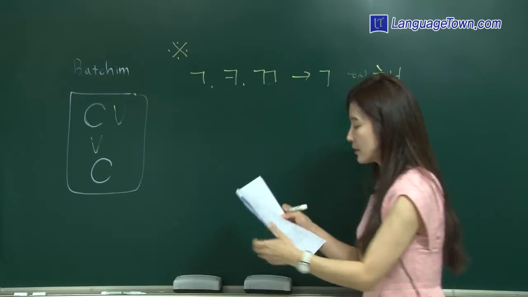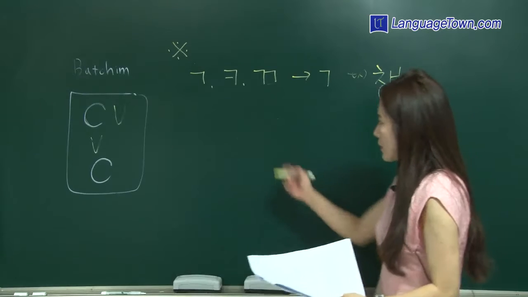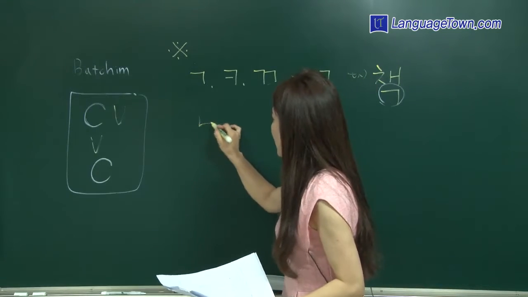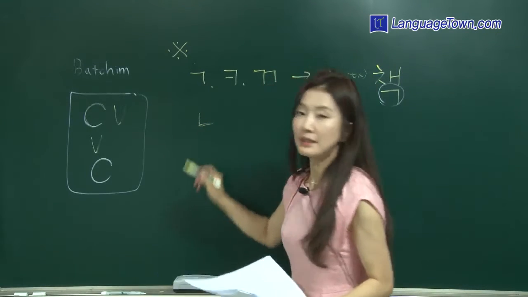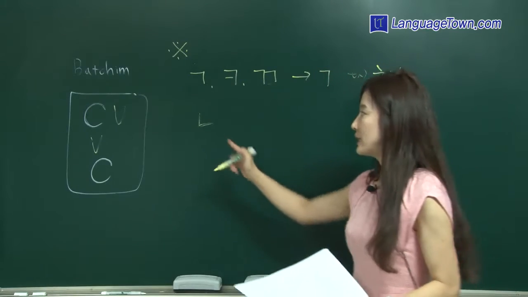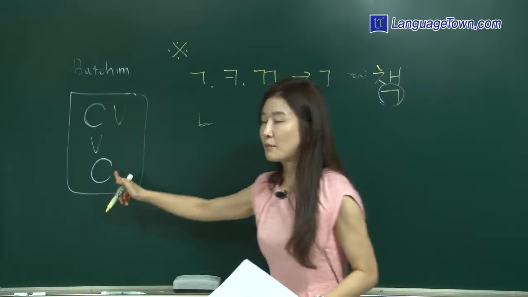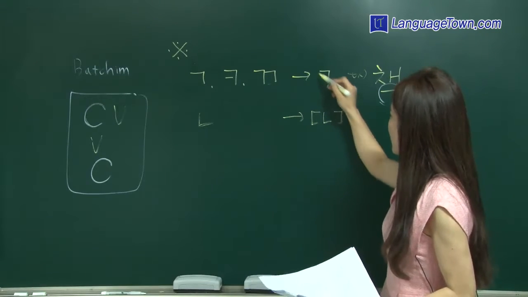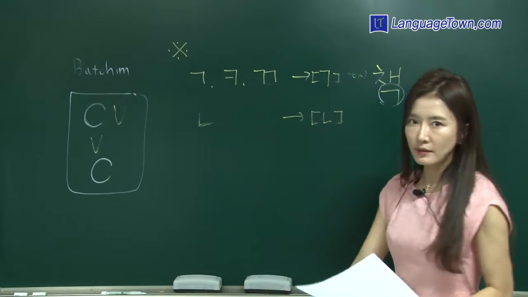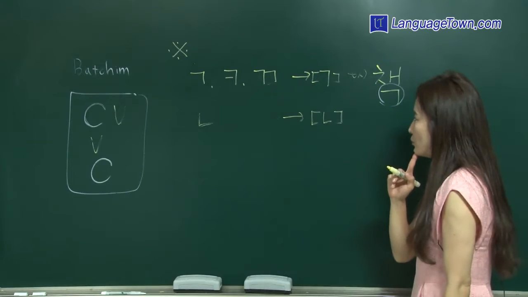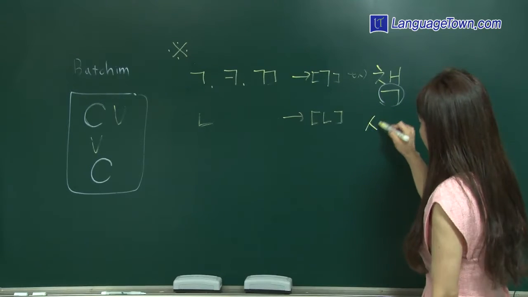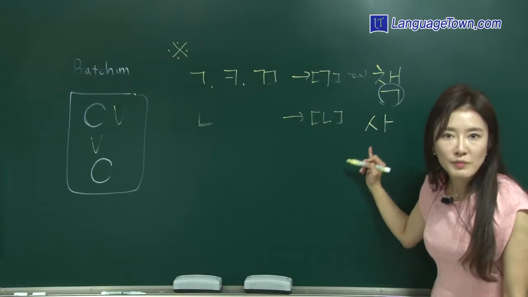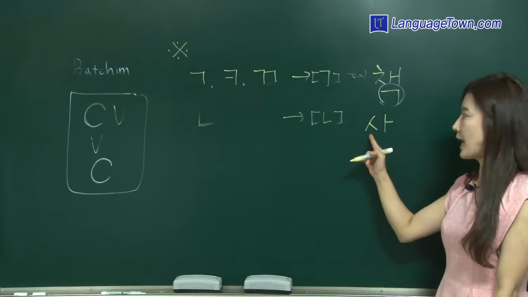And then the next one, N sound, right? When the N sound comes to the final sound, 받침, it sounds the same, the N sound. Okay? So, example. Do you remember this word? Yes, 사.